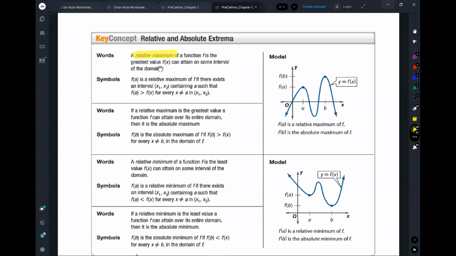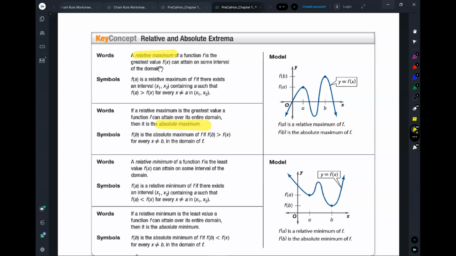When I zoom out and I'm looking at the entire graph all together, the very highest point that the graph reaches is called an absolute maximum. Okay? So, in here, these are both considered maxima. This is the absolute maximum. All others are relative maxima.